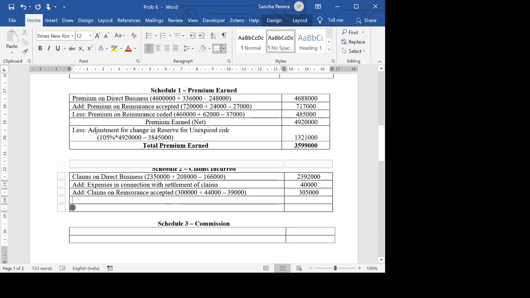And similarly, we have claims on reinsurance ceded, which is 1 lakh 70,000 plus 23,000 minus 16,000.